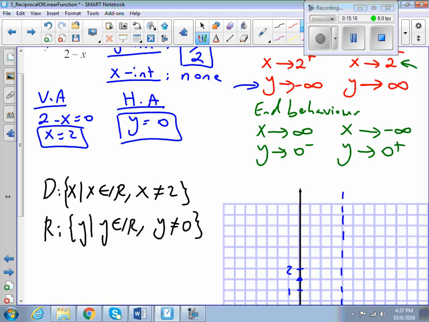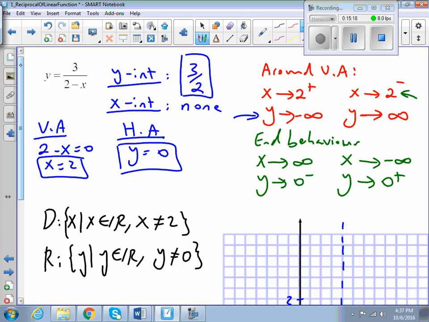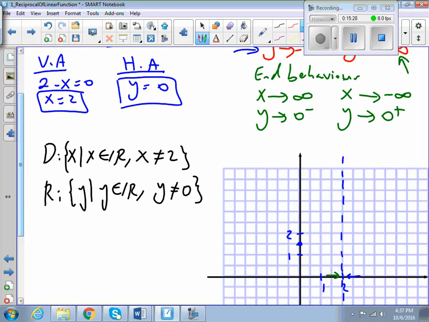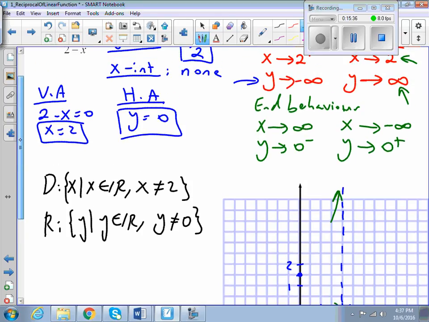If I sub 1.9 into my function, 2 minus 1.9 is just 0.1. 3 divided by 0.1 is going to be a positive number. So that's why I get positive infinity here. So on this side, I'm going to go to positive infinity. Okay? So that's my behavior at the vertical asymptote.